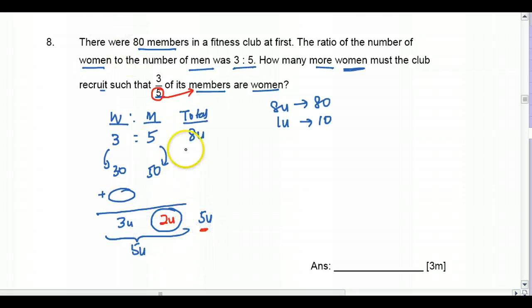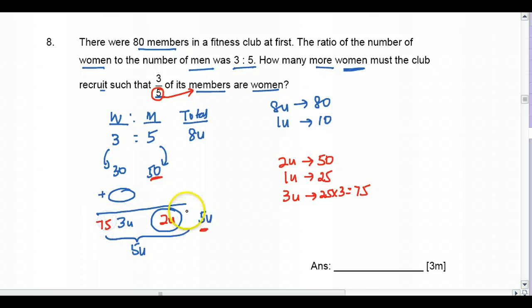Okay, so now I know that I have to add the women, but I do not have to add the men. So from here I can see that my 2 units is my 50 men. Therefore 1 unit is 25. So my 3 units will be 25 times 3, which is 75. So women becomes 75, and 2 units becomes 50 men.